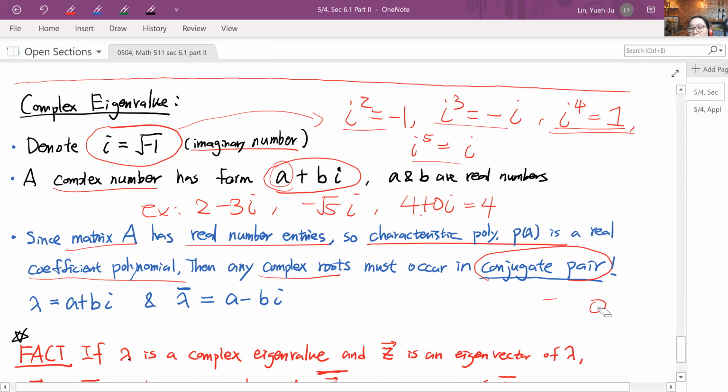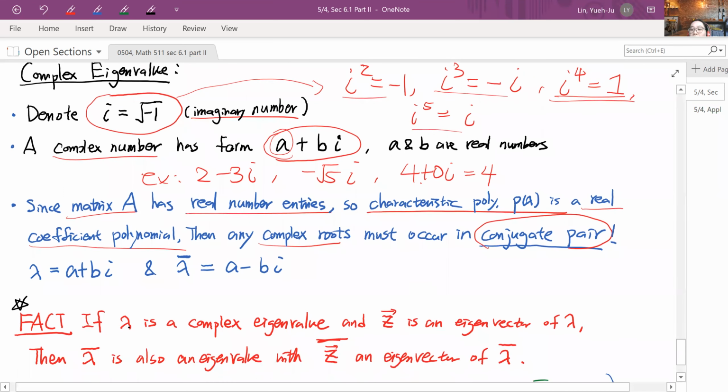So when all the coefficients of your polynomial are real numbers and you solve the polynomial equals 0, it's possible that you see a complex root. But when you see one complex root, it's buy one, get one free: you will actually see a conjugate pair. What does conjugate pair mean? It means that if you see one of them looks like a plus bi, the conjugate is what we call the conjugate of lambda, and we use this bar as the notation.